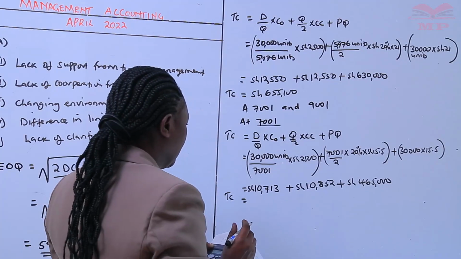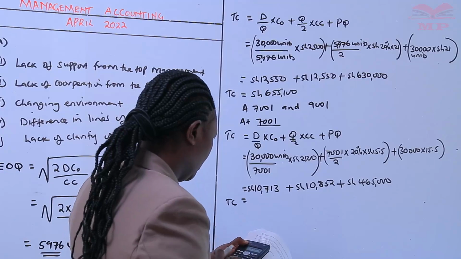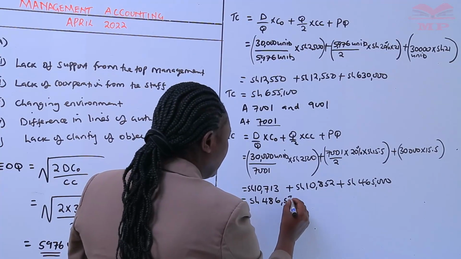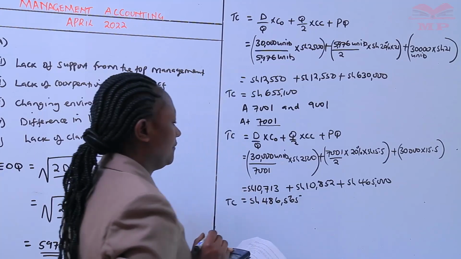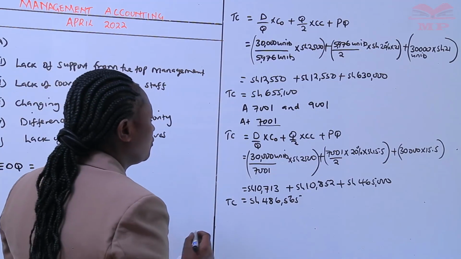Therefore, the total cost at that point will be equal to 486,565. So at 7,001, that's the total cost.